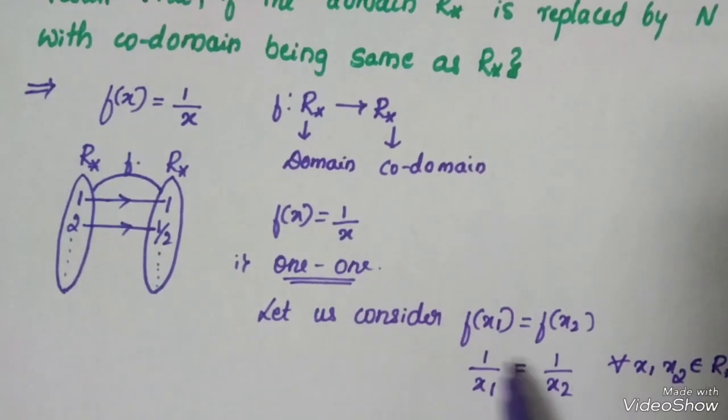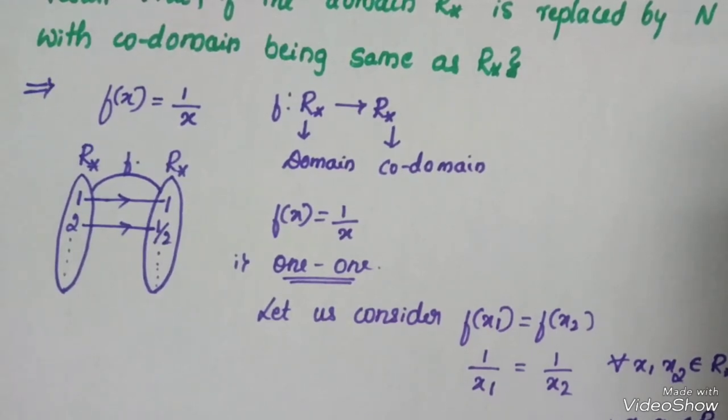Now cross multiplication gives x2 equals x1 for every x1 and x2 belonging to R star, or x1 equals x2. This is the definition of a one-one function. Hence it is one-one.